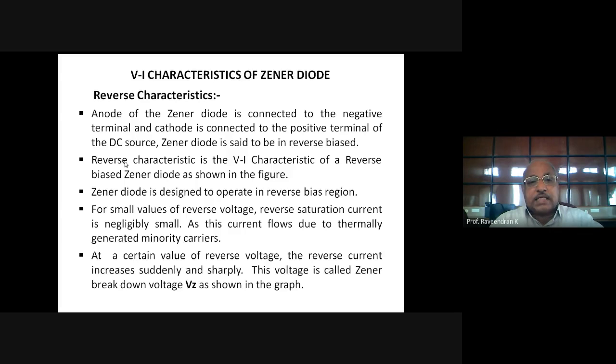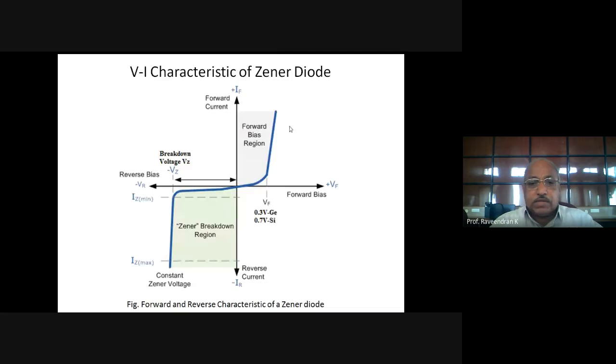So the reverse characteristic, that is the VI characteristic of the reverse biased Zener diode, is shown here. You are applying a reverse voltage, and initially the current is very small. Here the current is of the order of milliampere, but here the current is of the order of microampere initially.